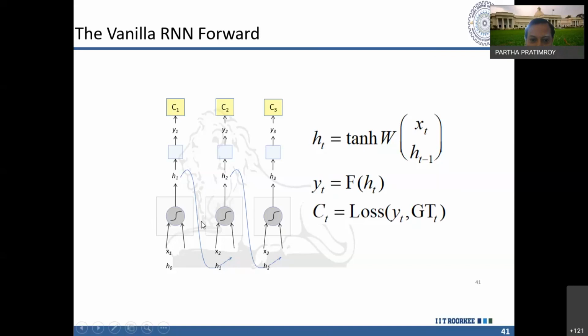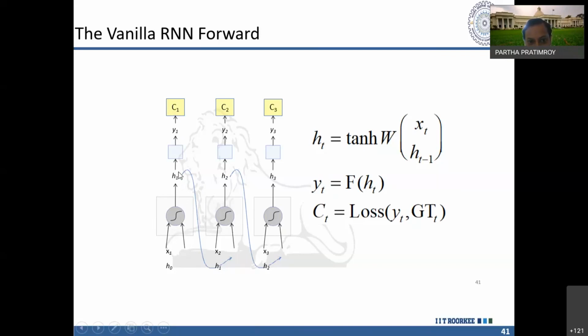Let us consider that you only have a single input. So you consider this x1 and the hidden previous information, but there is no previous, so it will be 0. Then you have this multilayer perceptron, you get some outcome, and from this outcome you make some predictions, y out.